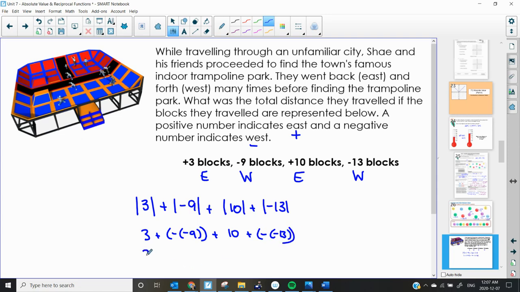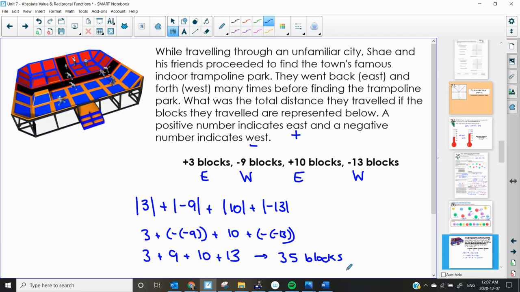If we add that up, that gives us 3 plus 9 plus 10 plus 13. Well, 10 plus 13 is 23, plus 9 is 32, plus 3 is 35. So they've traveled a total of 35 blocks. That must be a really good trampoline park.